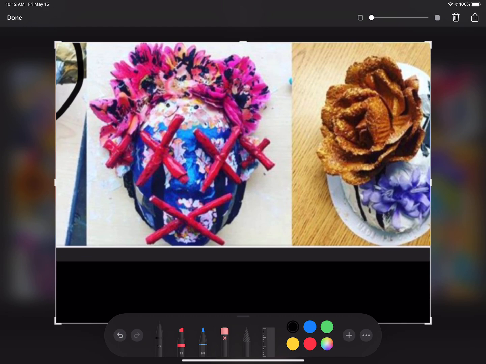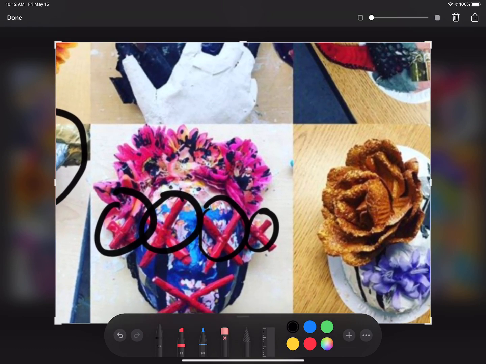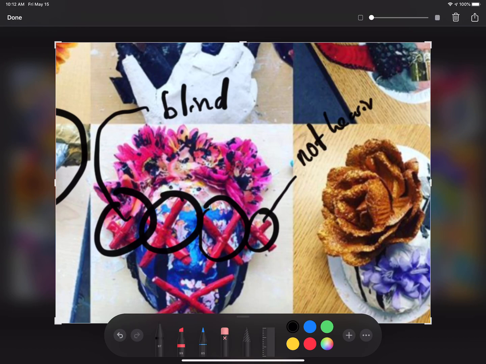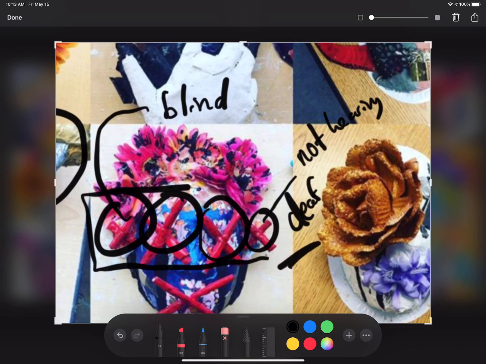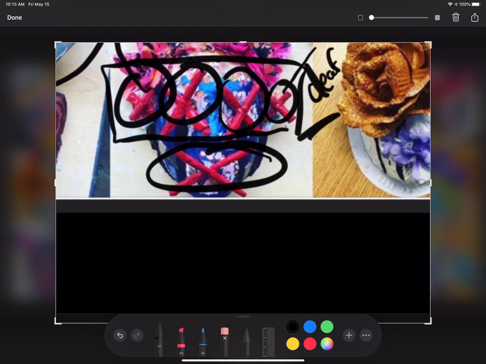This is really, really beautiful, like metaphors representing being blind, right? Blind, and also not hearing. What do we call that? Deaf. So being blind to the truth, not hearing what people are telling you. Those are things that you could leave behind.